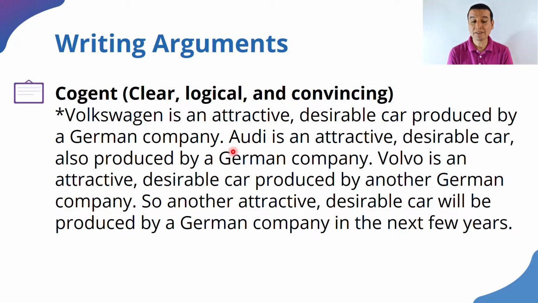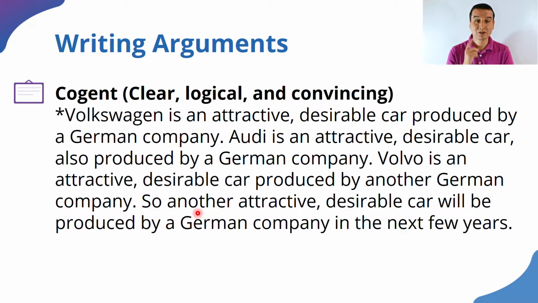Audi is an attractive, desirable car also produced by a German company. All right. Volvo is an attractive, desirable car produced by another German company. All right.